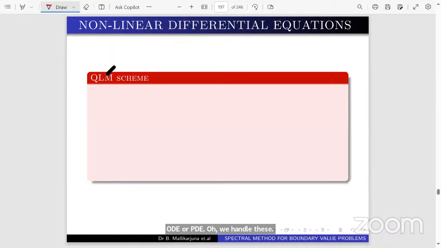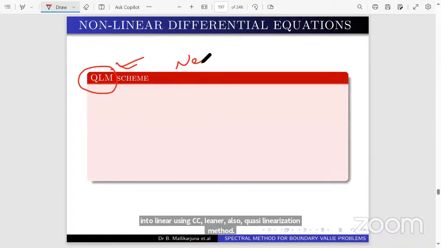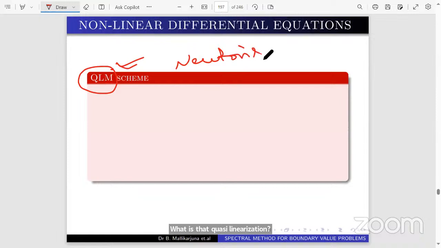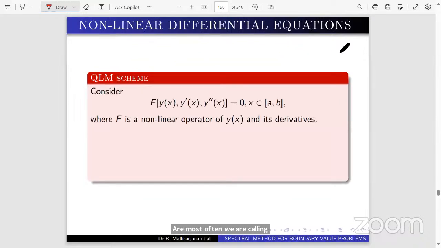First, we convert these nonlinear differential equations into linear ones using the quasi-linearization method. What is that quasi-linearization? It depends on Newton's method, or most often we call it the Newton-Raphson method.